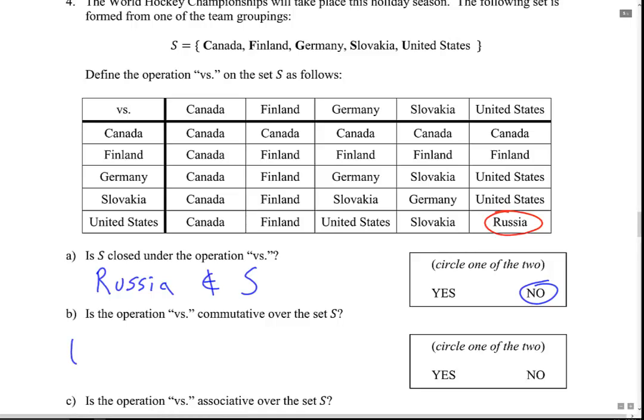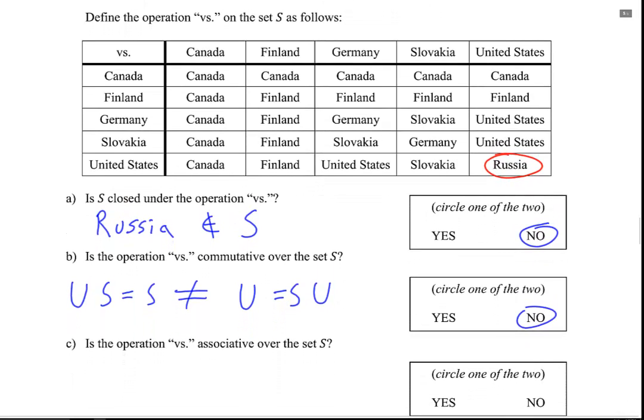So when United States plays Slovakia in Slovakia, as compared to when Slovakians play the United States in America, the home team always wins. And that's different if we look at the order here. So Slovakia wins in Slovakia, United States wins in United States, but these are just not the same thing. So we can't flip the order of a verse operation and always hope to get the same thing. So no, it's not commutative.